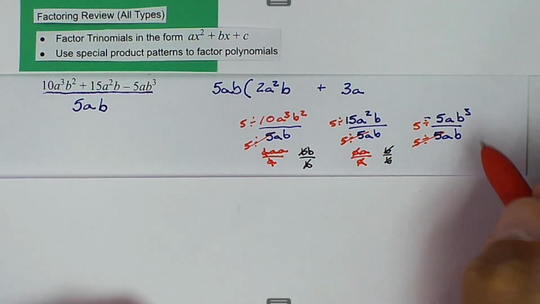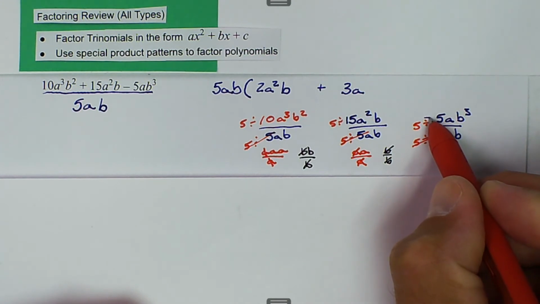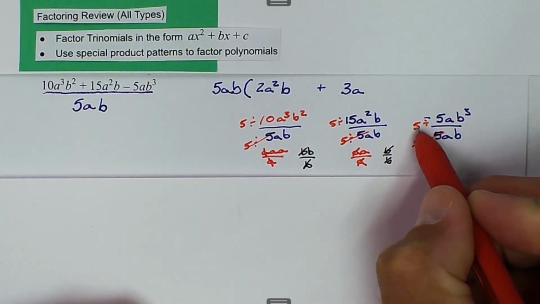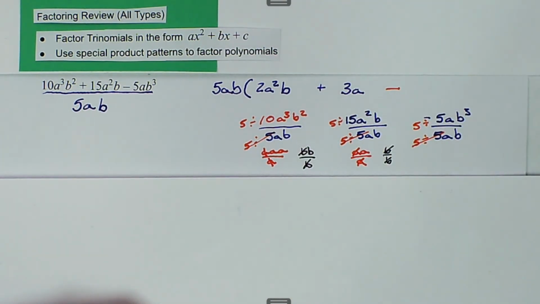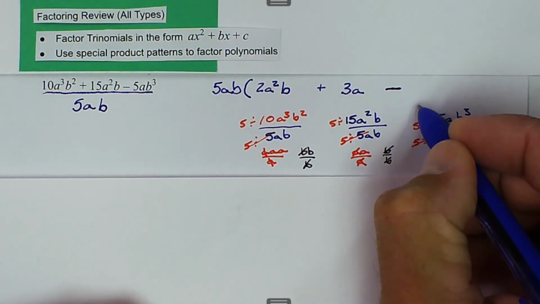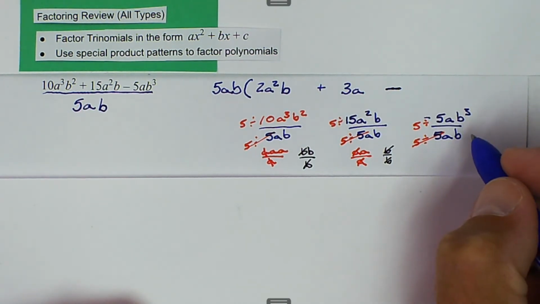Our 5's in the denominator cancel, and then in the numerator, we have a negative 5 and a 5. So the 5's cancel, but we're still left with the negative 1. So we can put the negative sign there, and we don't write the 1. We just leave it as understood that there's a 1 there.